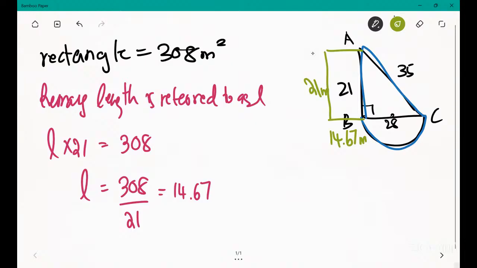Is that understood? Did everyone understand this part? How it works?